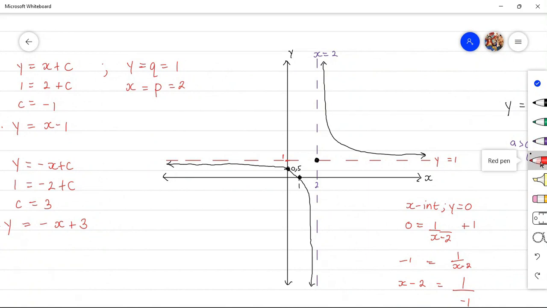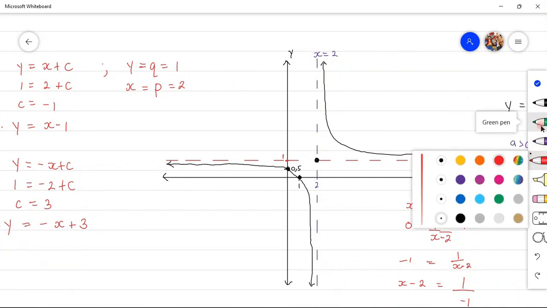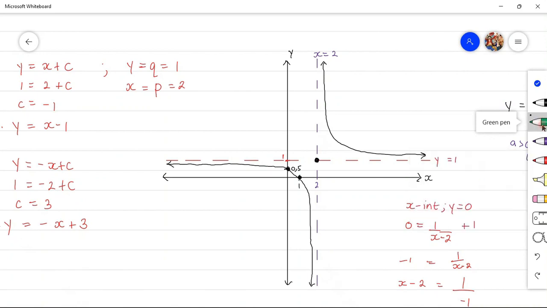So let us plot them. Let's see, what colors have we not used? Let's use green for our positive axis of symmetry. So our positive axis of symmetry cuts the y-axis at negative 1. So negative 1, let's make it somewhere around here. And we know from our theory that our axis of symmetry lines intersect where our asymptotes intersect, which is this black point over here.